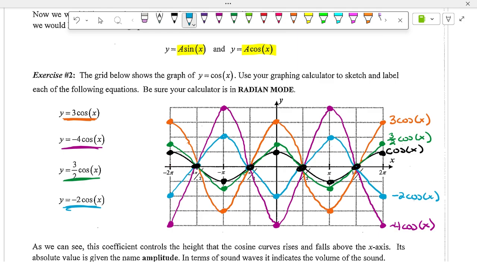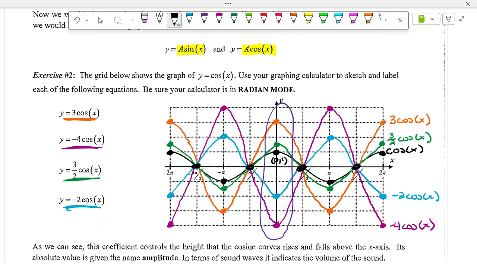What's happening? What is that a value doing? Well, it's going back and forth, but for example, look at 0. So look right here specifically. What's the original point at? So for cosine of x, what's that original point at for 0? 0, 1.